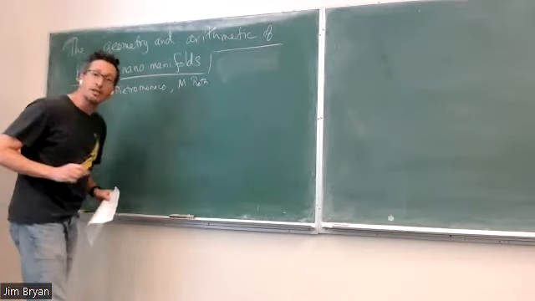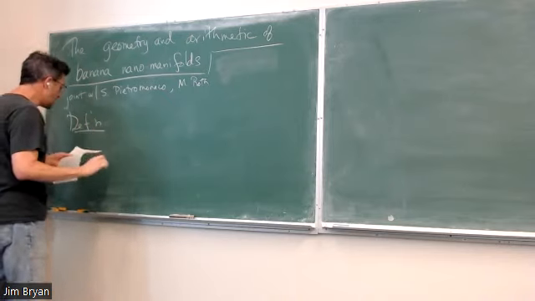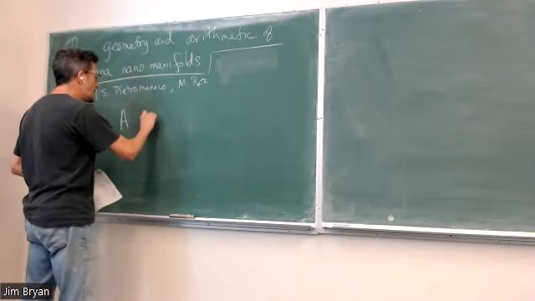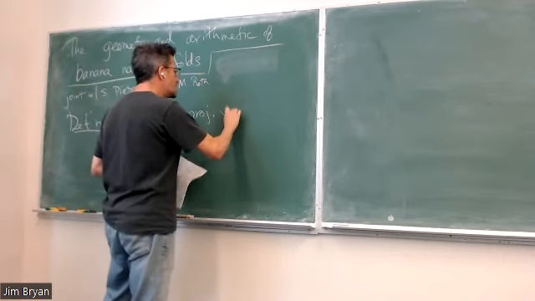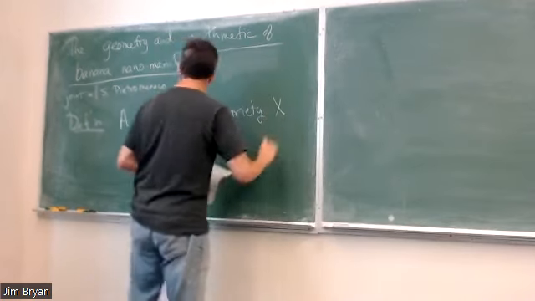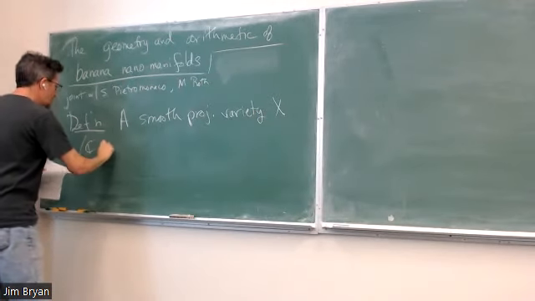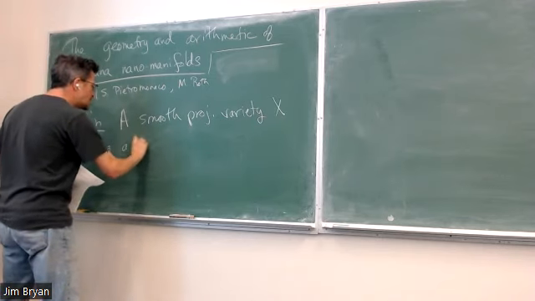So the definition here, let me start off with an easy definition for everybody. A smooth projective variety over C, for me, is a dimension D Calabi-Yau.